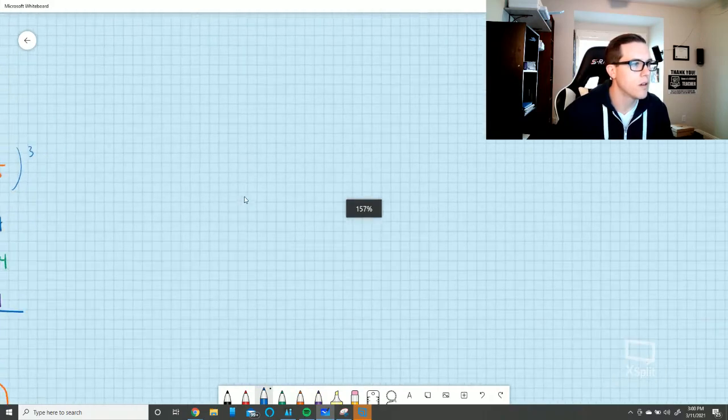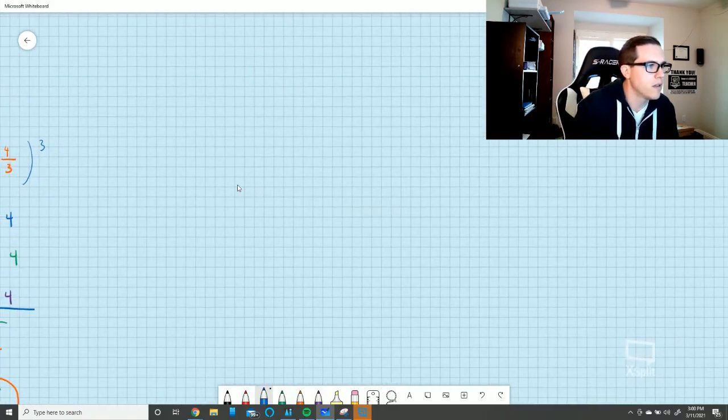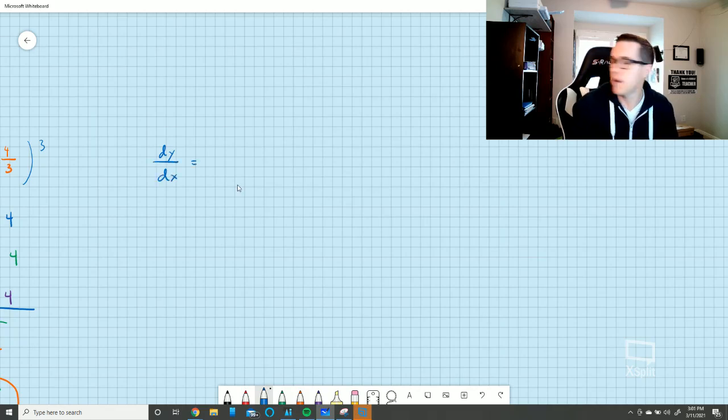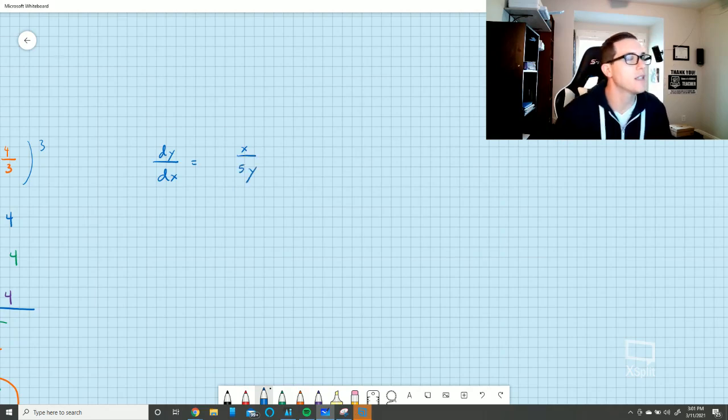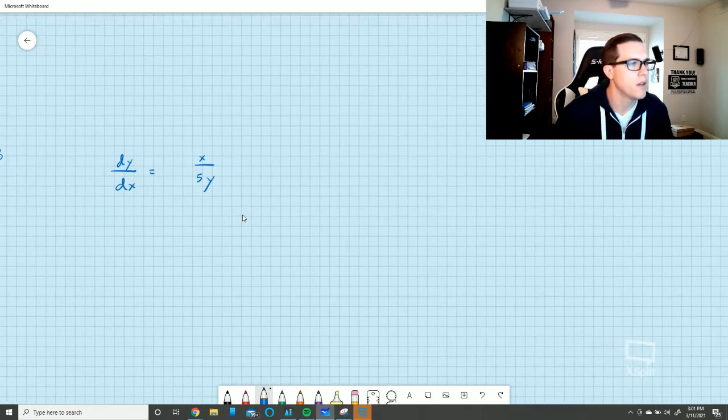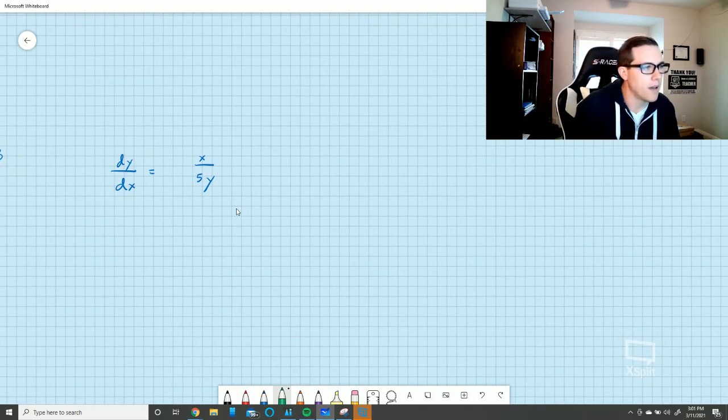One more. Same idea. Let's just see another case of a differential equation. How about x over 5y? I'm just trying to give you a couple different cases of where variables could be. So in this case, if you notice, the y is in the denominator this time. So let's multiply it over to the other side.